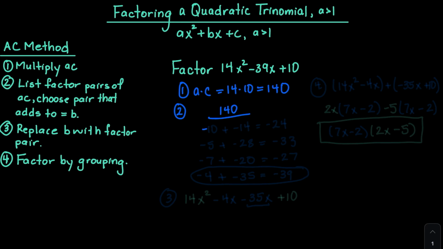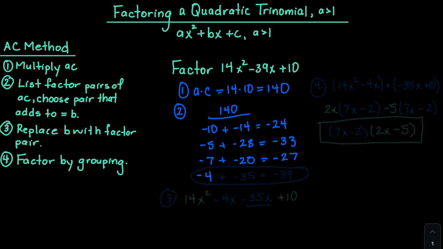So let's start negative 10 and negative 14, but those add to negative 24. Negative 5 and negative 28, but those add to negative 33. Negative 7 and negative 20, but that adds to negative 27.